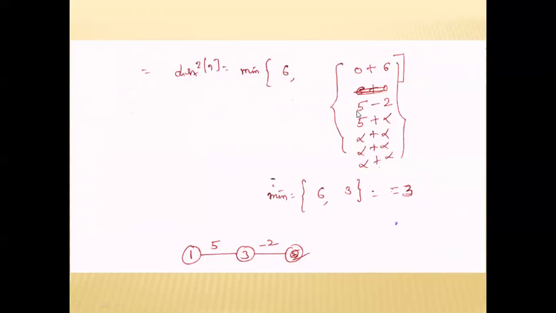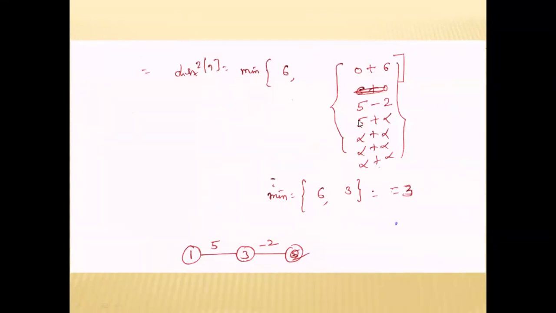Next, distance power 1 of 3 plus cost of 3 comma 2. Here we are finding the shortest path from the first vertex to the second vertex by using two edges.